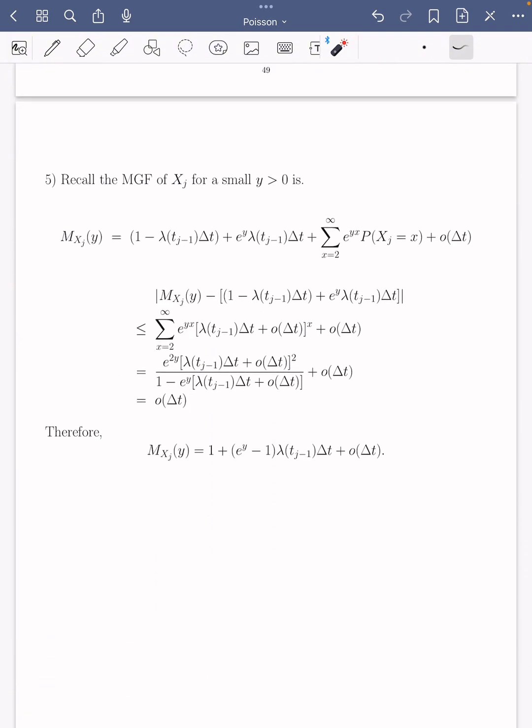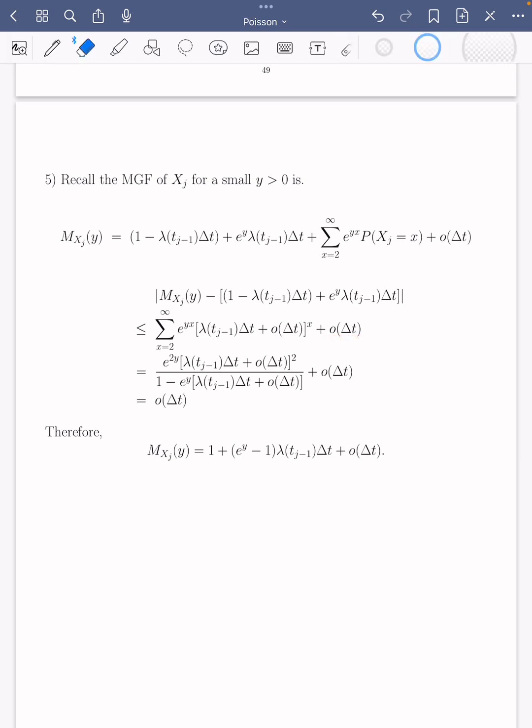So now, the moment generating function for X_j is equal to this term. We already showed that. And then we use this term and subtract this part, which is here. So this will be less than or equal to the summation here, also less than or equal to e to the y x times this to the power of x plus the little o delta t.